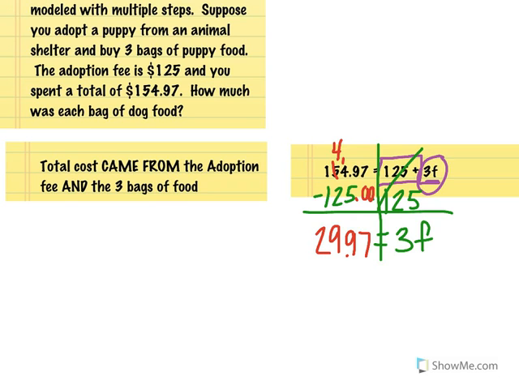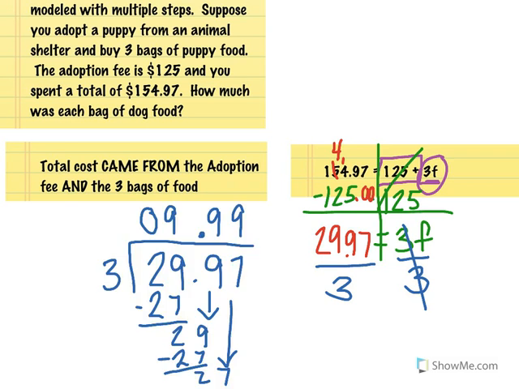That was equal to my 3 bags of dog food. And now I'm doing the reverse of the multiplication going on with 3F, so I'm going to divide both sides by 3 to isolate my variable. Now, when I divide, I have $9.99 for each bag of puppy food.